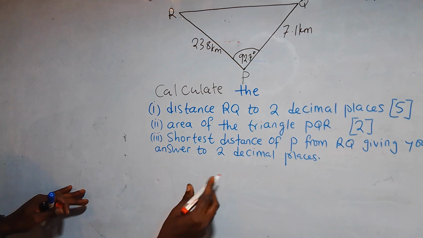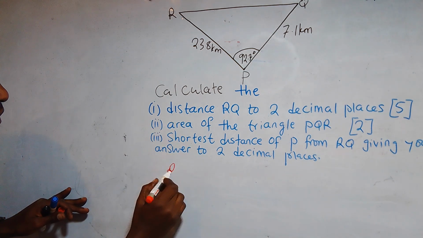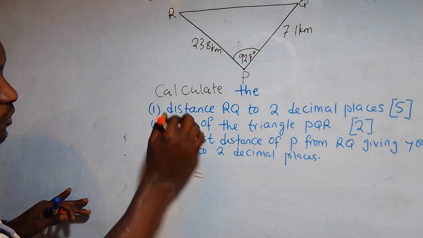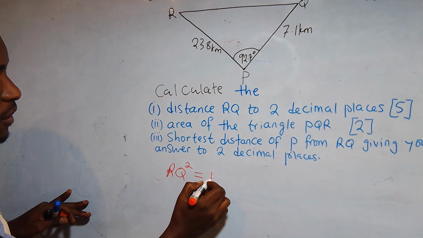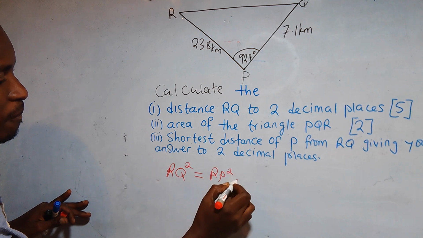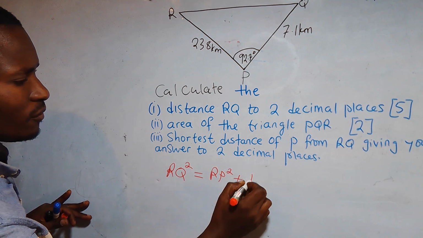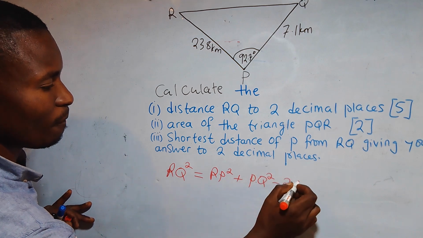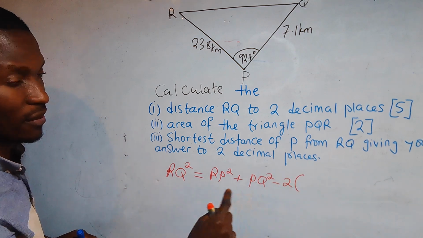RQ squared is equal to RP squared plus PQ squared minus 2 open bracket, multiplied by these two.